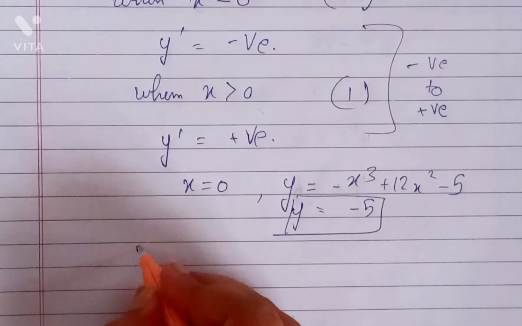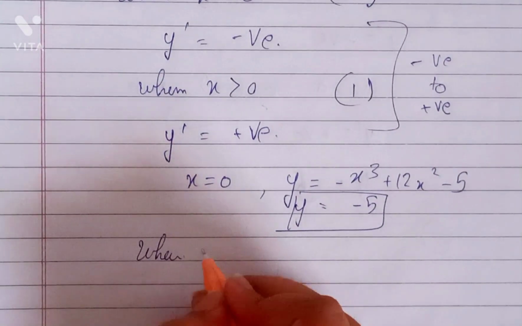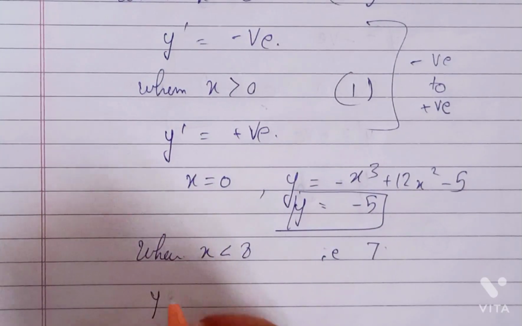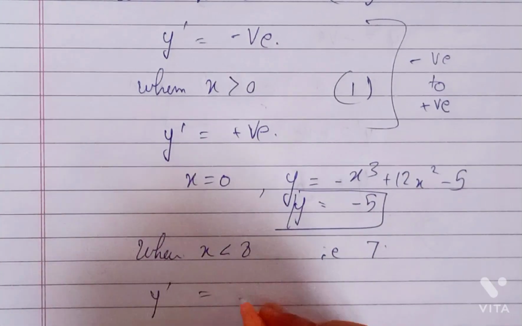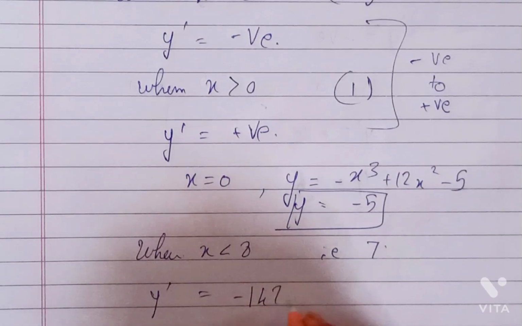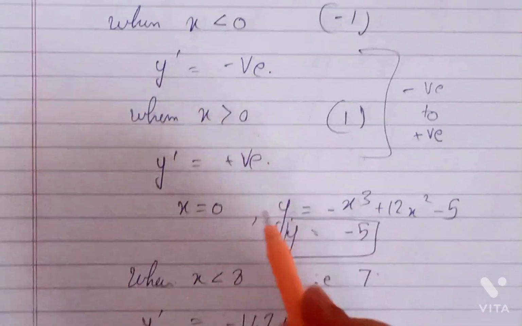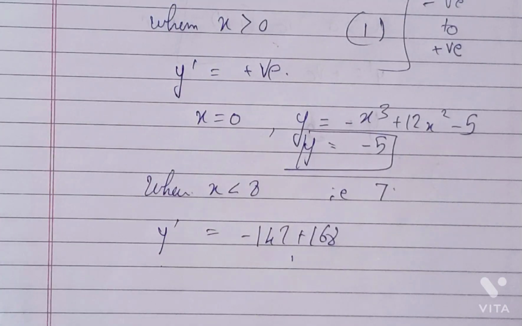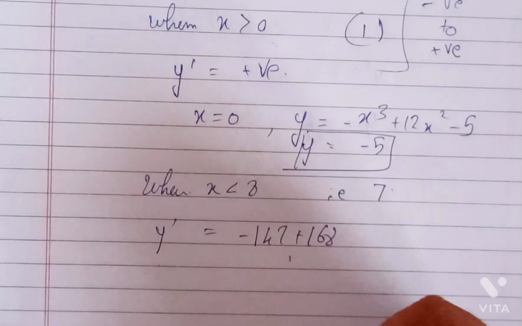Alright, now when x is less than 8, suppose it to be 7, you will get y dash value as -147 plus 168. Put and see, you will get this only, which is a positive quantity.